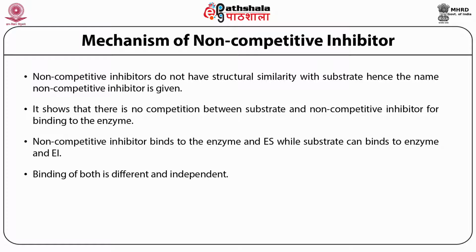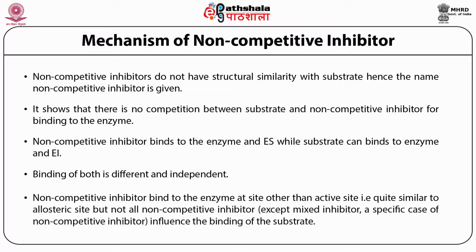It is interesting to note that a non-competitive inhibitor binds to an enzyme site other than the active site, and it is the allosteric site that is well known other than the active site in the enzyme.